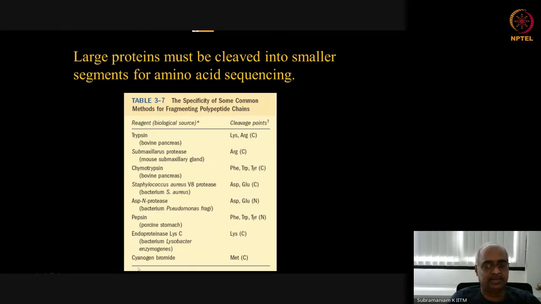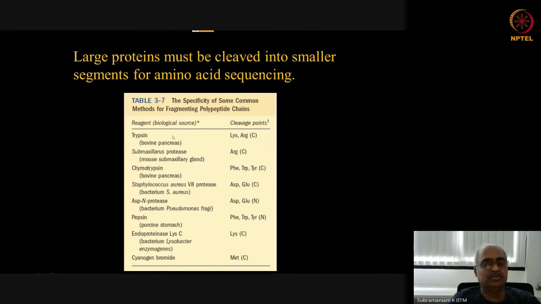And this one is not a protease, it is cyanogen bromide, which also helps in cleaving. Each one of these is specific to the cleavage point. Like trypsin, which is a common enzyme produced by the pancreas, cleaves on the C-terminal side of lysine or arginine, and so on for the other ones.